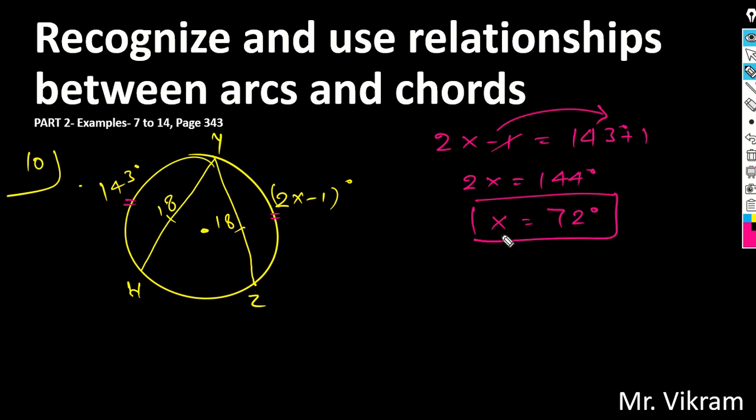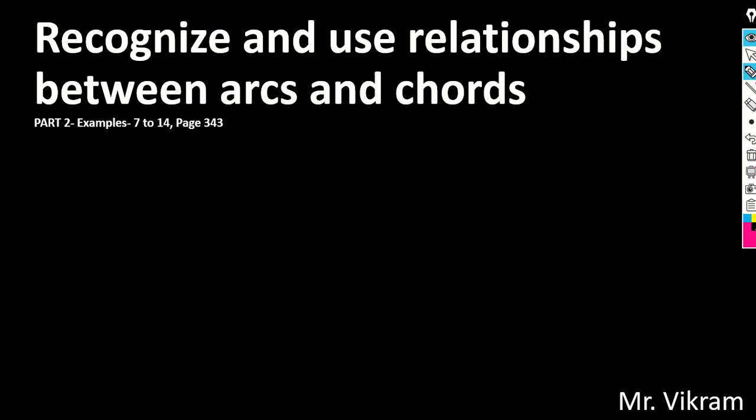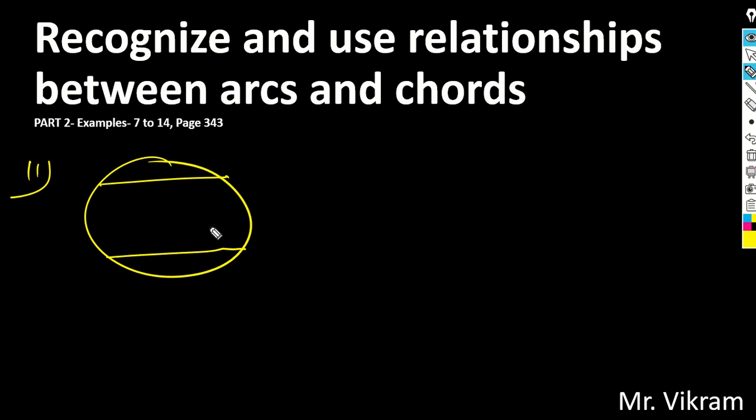Right. Okay. Next question. Question number 10 we have done, so now it's 11, to solve from 7 to 14. Okay, 11 is this. Now it is given that two arcs are congruent. So arc MN is congruent to arc PQ.